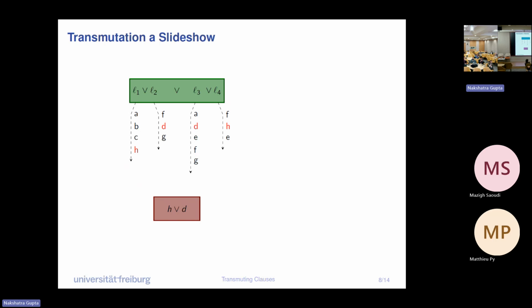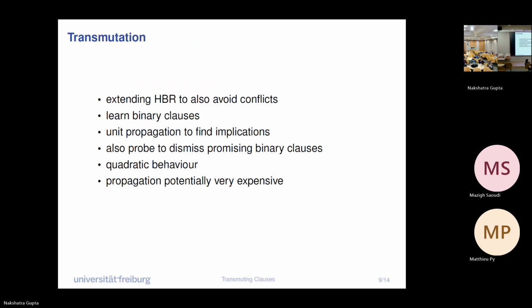But of course, there's quadratically many pairs in the number of propagated literals. So there are quite many. And along the way, we perform unit propagation on these potentially quadratically many pairs, which is also really expensive. So right now, this is maybe not usable.